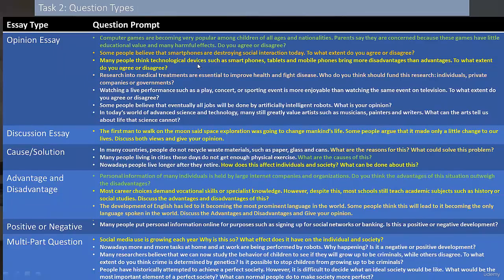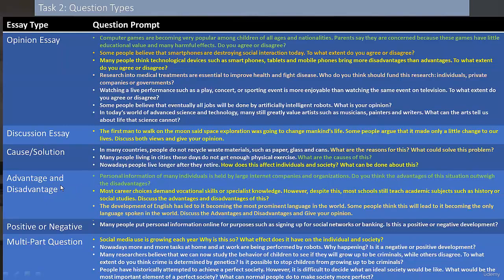If a question is asking to what extent you agree or disagree, then it's more pointed towards the academic exam. So that's kind of a difference. The discuss both views and give your opinion appears for both equally as much. You have the cause and solution questions, which appear on both equally as much.